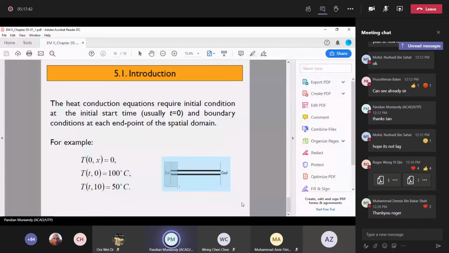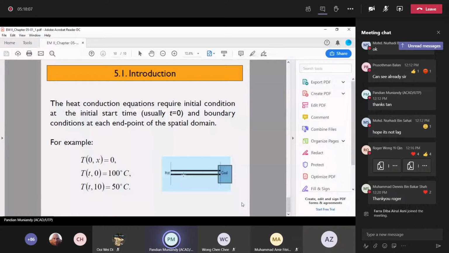And then after 10 distance, 10 meters or centimeters or whatever it is, the temperature is 50 degrees Celsius. Here we show this diagram: after 10 meters, the temperature is 50 degrees Celsius at any time t. These values will be given to start off your solution procedure.